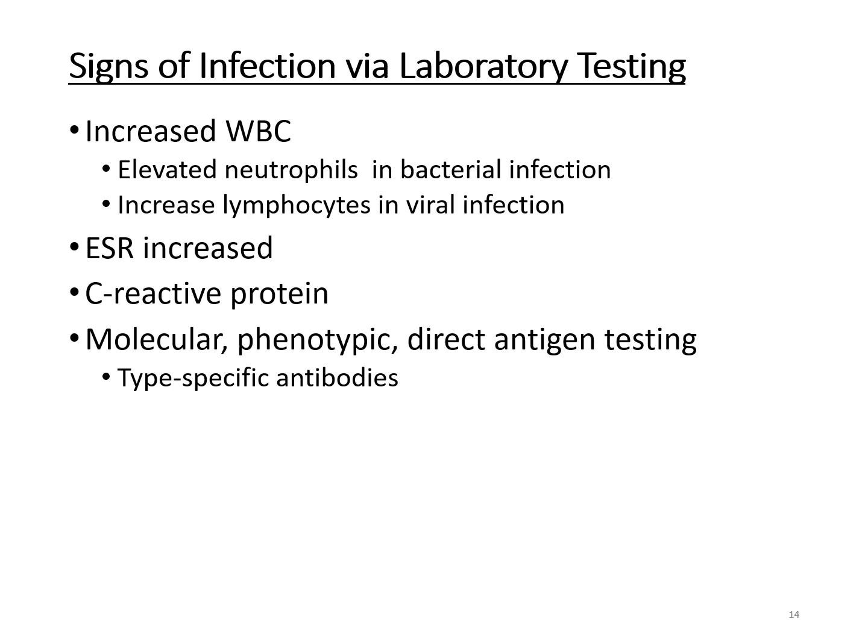We can also see that a patient may have an infection based off of various molecular testing, phenotypical testing, direct antigen testing, or looking for a specific antibody to be present. For example, those mononuclear antibody tests, looking to see if a patient has an Epstein-Barr virus infection. That would be a type of test that we would test and see that it's positive, and that would indicate that there is an infectious process going on.